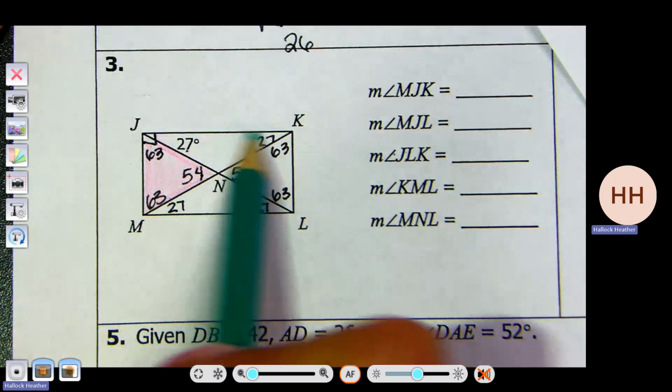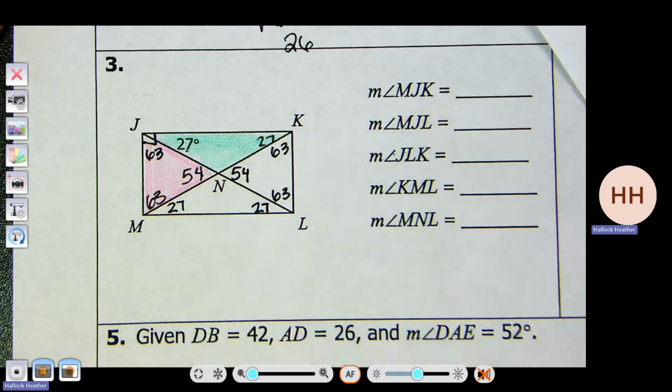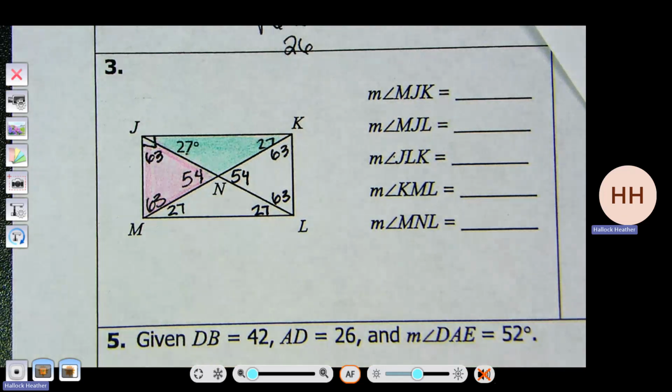Use that same method. You also have an isosceles triangle up at the top. So take 180, you're going to minus 27 and 27 and find that obtuse angle, which should be more than 90 because it's an obtuse angle at the top of that triangle. It's just like flipped upside down.